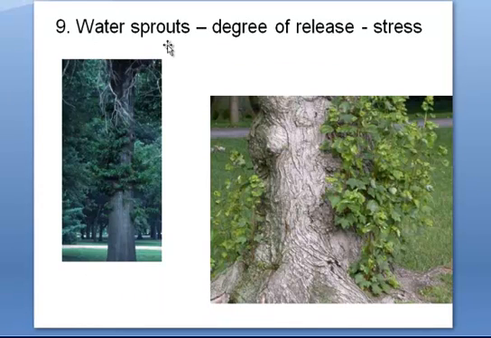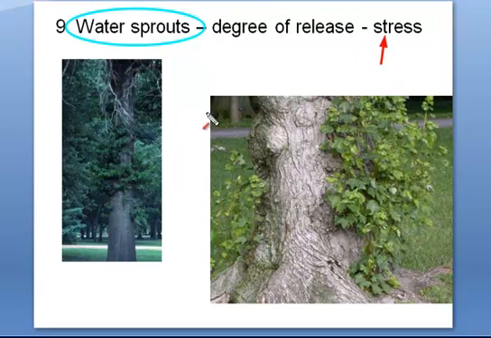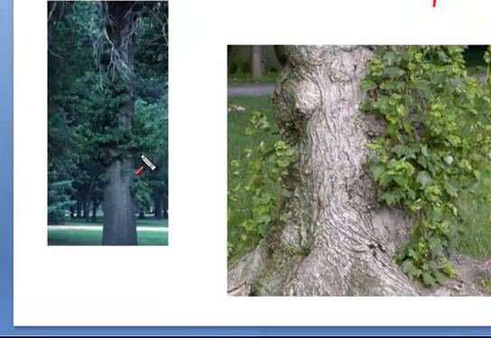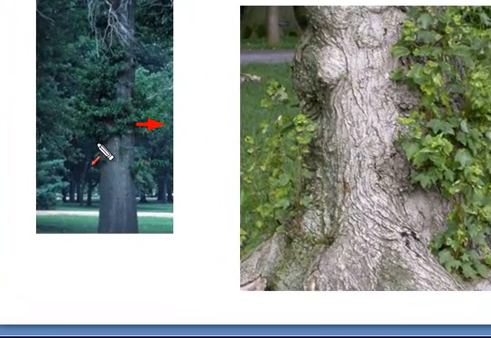Water sprouts, or epicormic sprouting, as it's quite often called, is a sign that a tree is under stress. That's for sure. And we're seeing that unfortunately now in southern Ontario with emerald ash borer, where trees that have been attacked by the emerald ash borer are under stress, and then you'll see suddenly all these little branches coming out from the lower part of the bole, right?